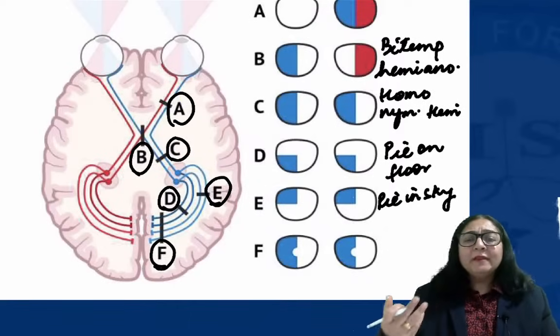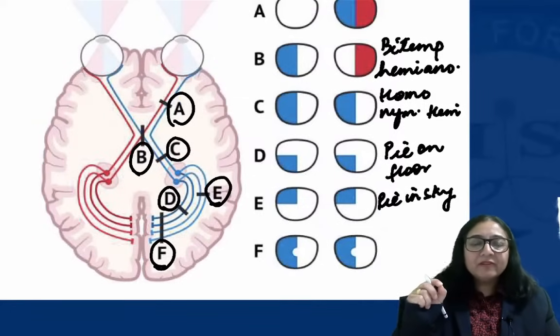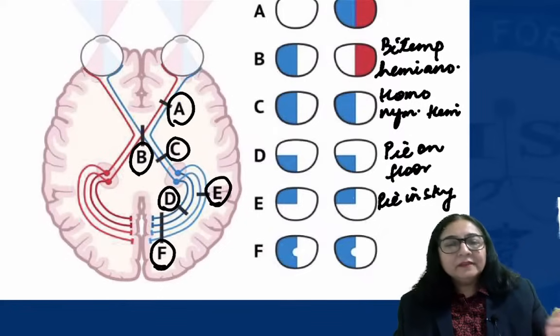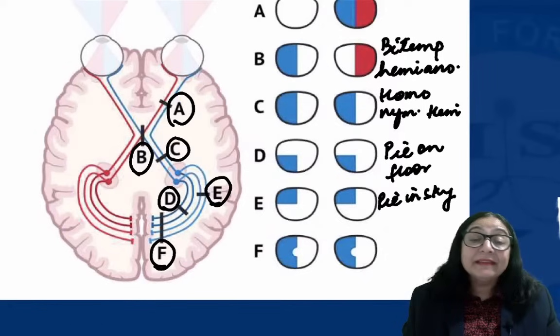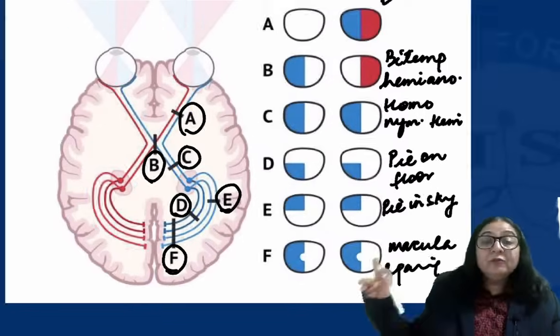So most of the time in stroke or in thromboembolic conditions, one circulation will be blocked, but the other will take care of the perfusion in the area representing the macula in the occipital cortex. So here you are getting macula sparing. So very easy to do these questions.